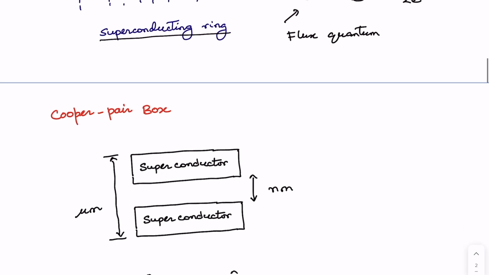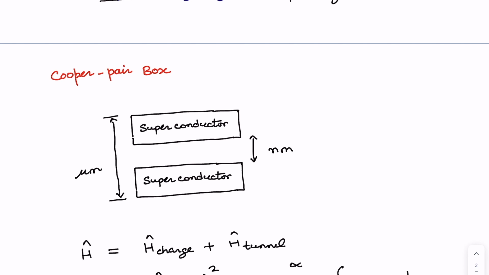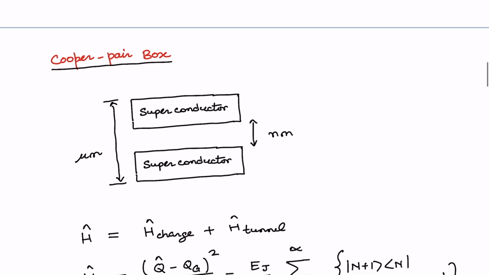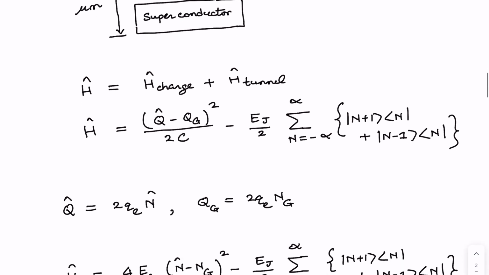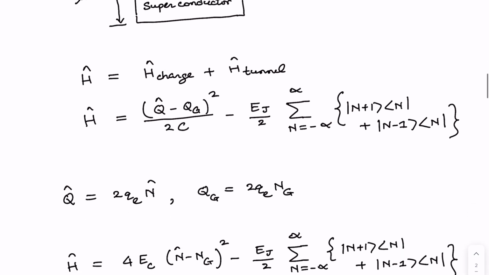Then we went on to discuss the so-called Cooper pair box. A Cooper pair box is formed by two superconductors placed close to one another, the separation between them is on the order of nanometers, and a typical size of the whole Cooper pair box is in the micrometer range. We went on to discuss the Hamiltonian for this Cooper pair box, and it has two parts.